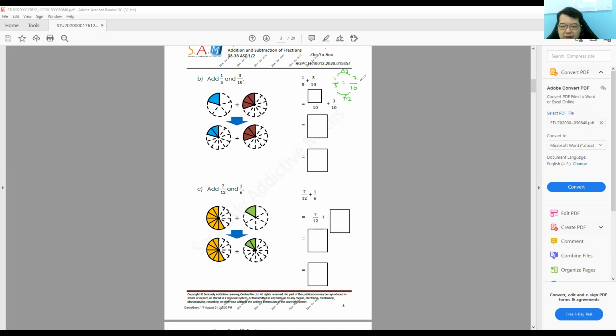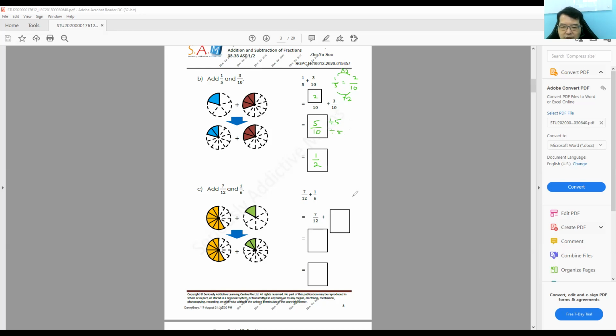That's 2 out of 10, plus 3 out of 10 equals 5 out of 10. Can I simplify 5 out of 10? Yes, I can. I divide the numerator by 5, I divide the denominator by 5, and that will give me 1 out of 2. Did you get the right answer?